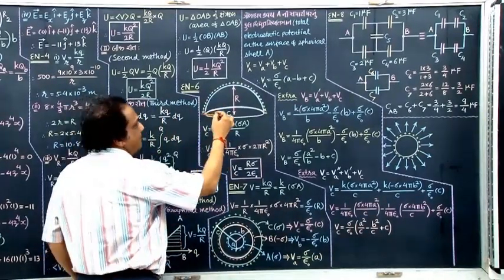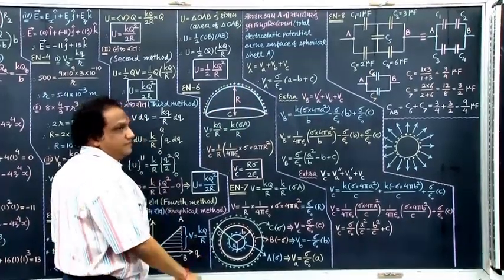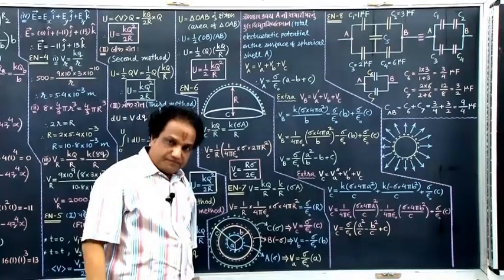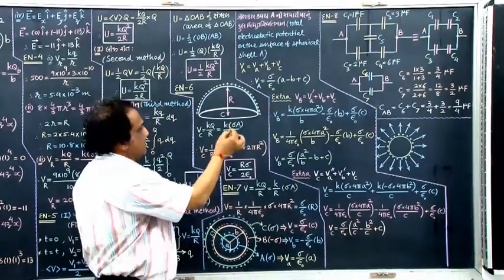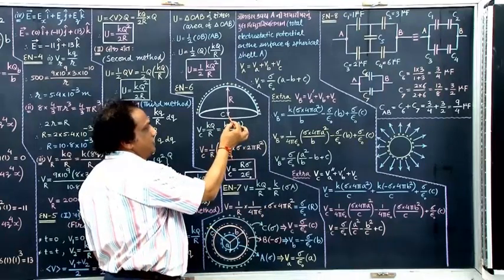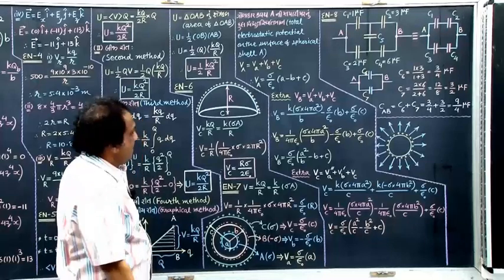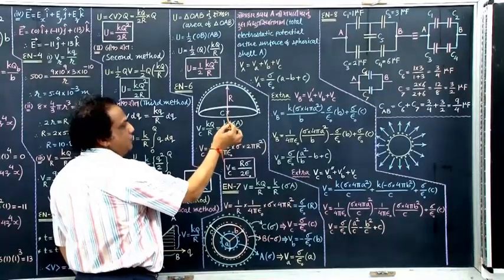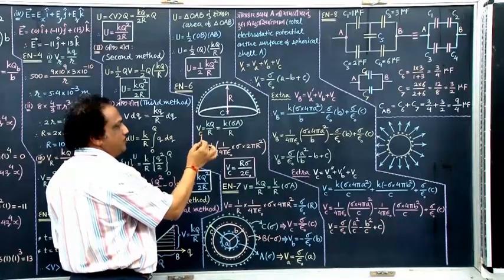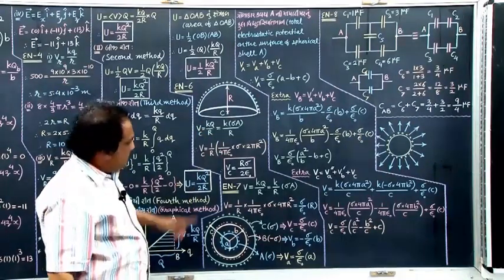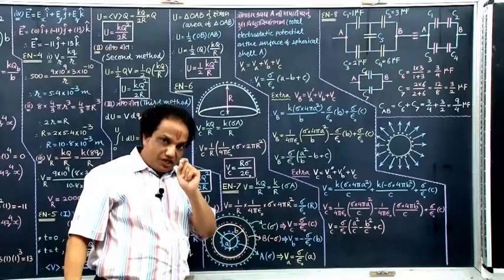We have a uniformly charged hemisphere, correct? And we are asked to find the total electric potential at this centroid. At the centroid. Now that centroid I am showing by symbol C, and potential at the center I am showing by symbol Vc, correct?